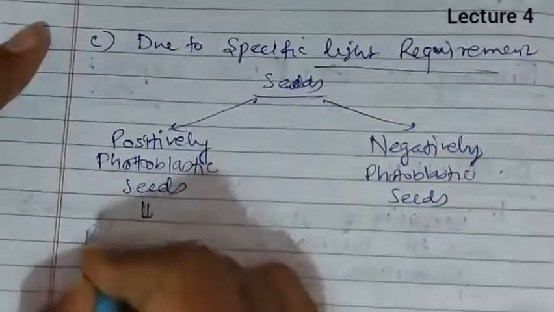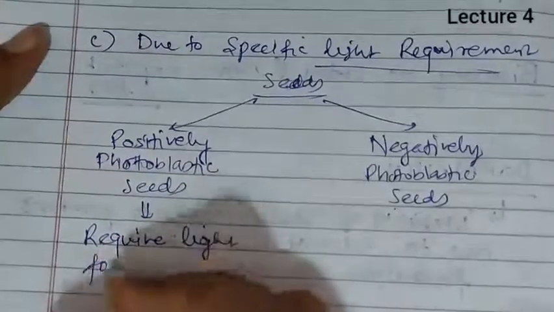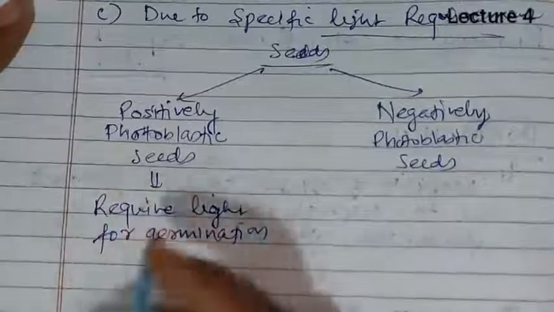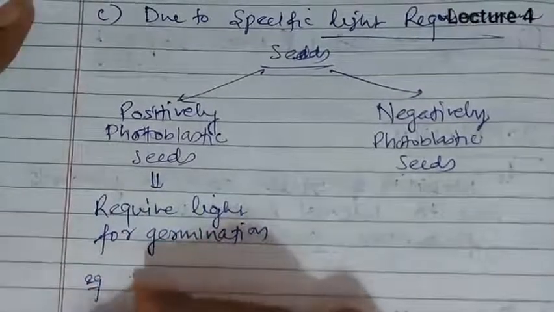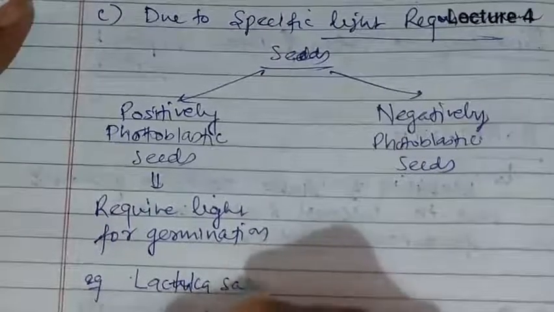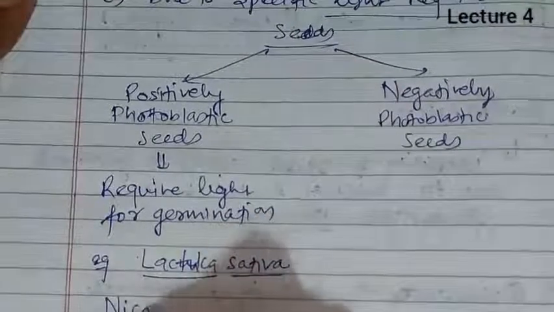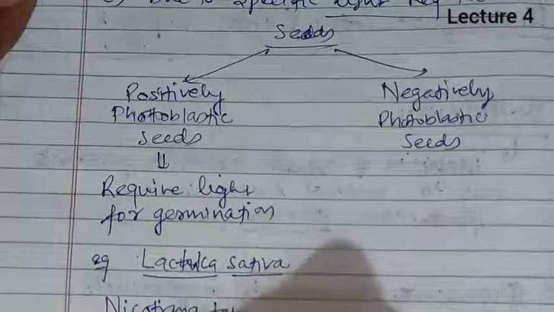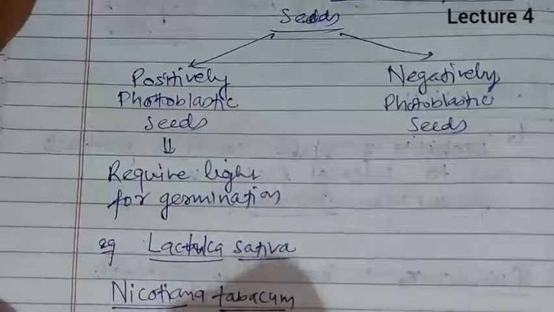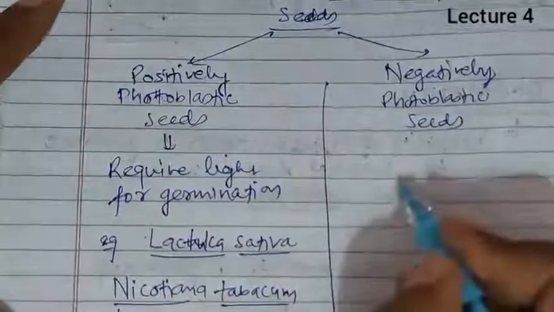Examples are Lactuca sativa, Nicotiana tabacum, and Lythrum. All these are positively photoblastic seeds.